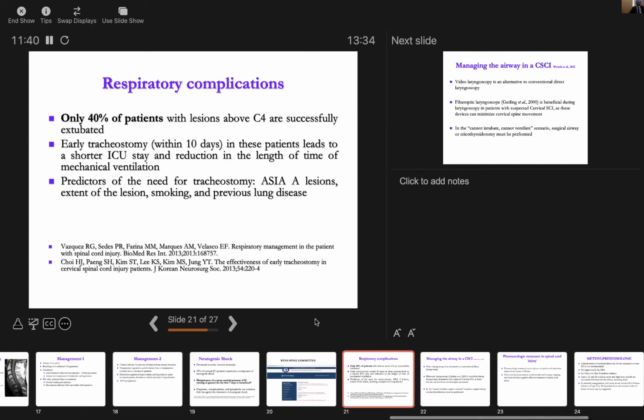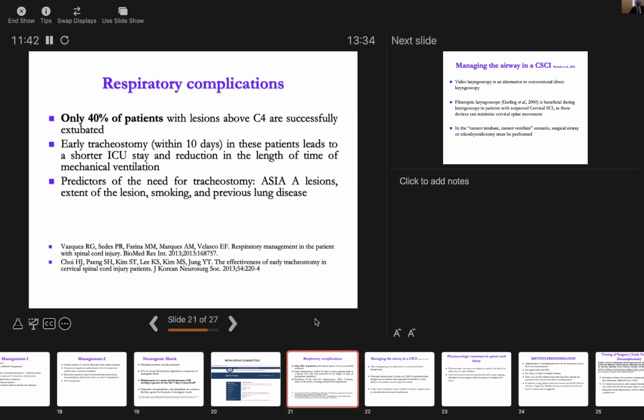And these are some recommendations of the WFNS Committee. They say that only 40% of patients with lesions above C4 are successfully extubated. So early tracheostomy within 10 days in these patients leads to a shorter ICU stay and reduction in the length of time of mechanical ventilation.